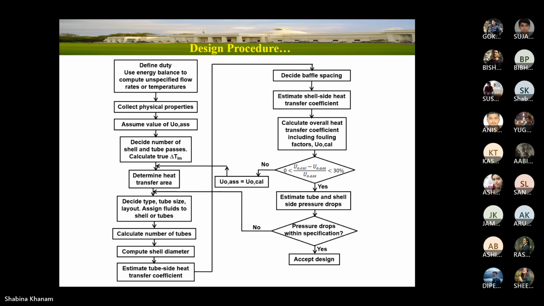Okay, so I think this is the complete design procedure, and now we need to start the discussion on each part one by one. As it will not be completed today, we will continue that in the next class. So we will start the detailed design of the shell and tube heat exchanger from the next class.